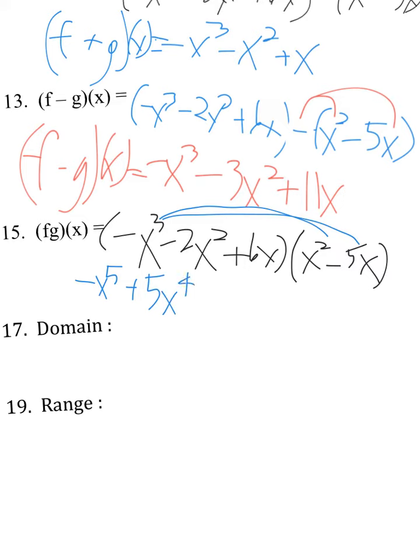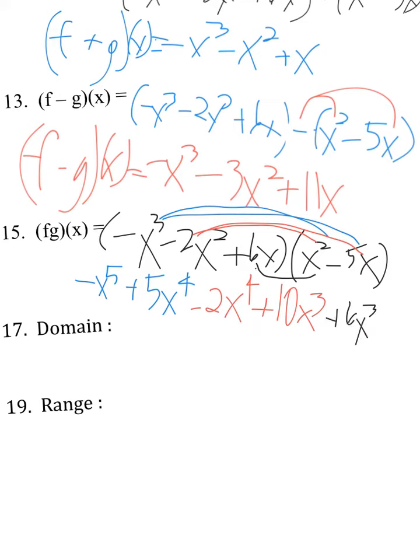Yeah, because to the third times an x, it would go up in power by 1. And then you're going to do negative 2x squared times x squared, and that's going to be negative 2x to the fourth. And then negative 2x squared times negative 5x will become a positive 10x to the third. And then lastly, I have to do 6x times x squared, so that'll become 6x to the third. And then 6x times negative 5x will become negative 30x squared.